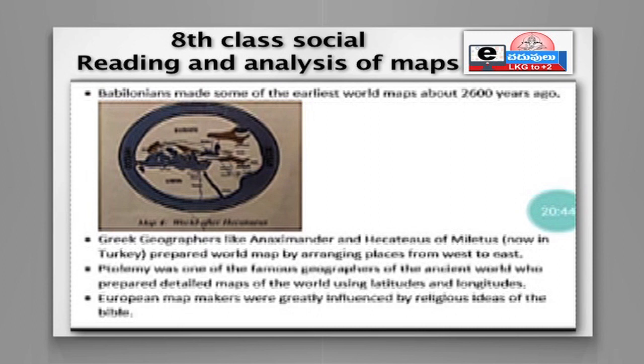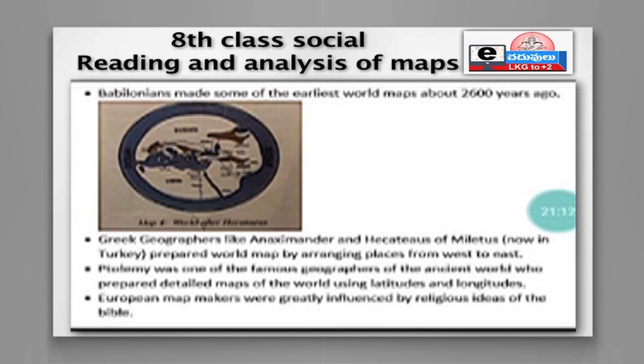They told about their travels, which direction they traveled, and which direction they could see different places. In this way, the sailors were important people who helped the map makers in making the maps.